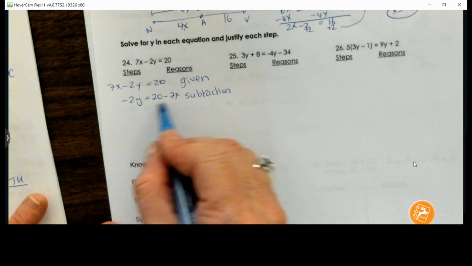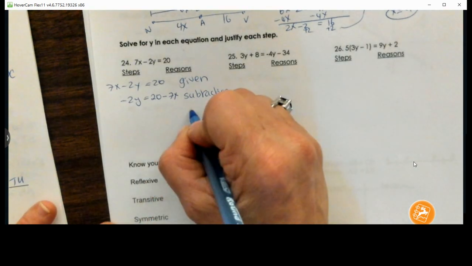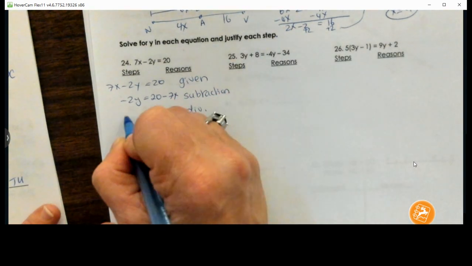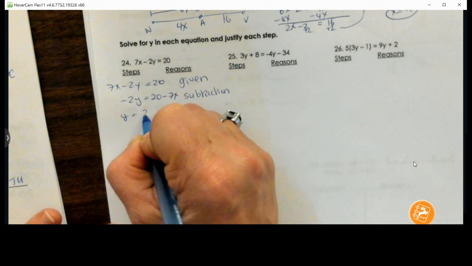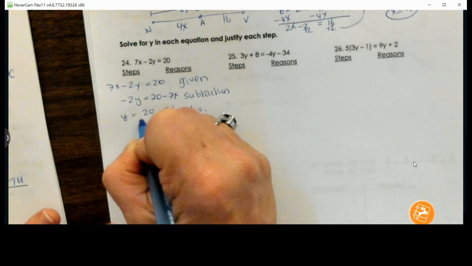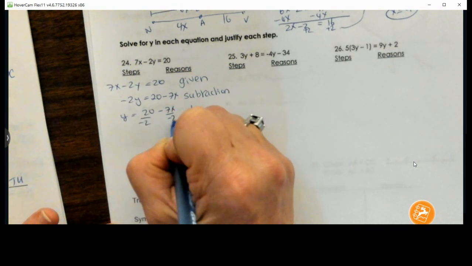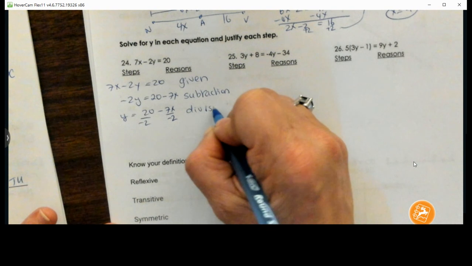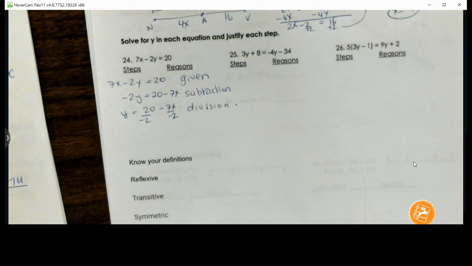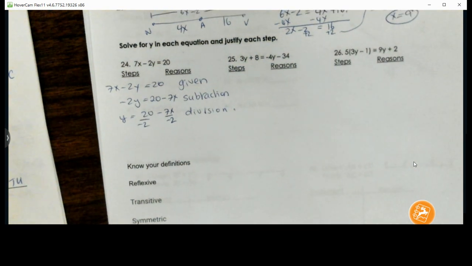Next, I'm going to divide both sides by negative 2. That's division. And I end up with y is equal to, and that is all you need to do to solve for y.